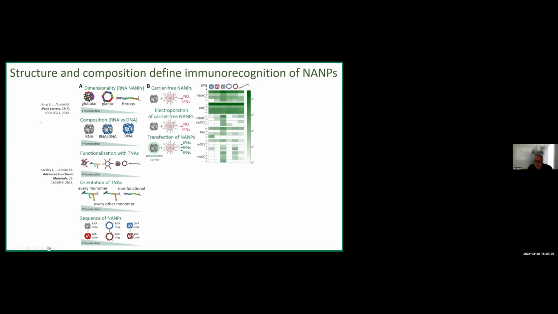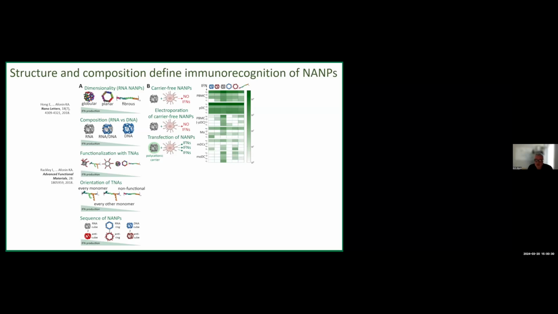We also identified that without carrier, nucleic acid nanoparticles are completely immunoquiescent. Because of their size, they cannot enter the cells. And this makes them perfect candidates for various biomedical applications that require extracellular use of the material. For example, we can build some monoclonal antibody mimics using nucleic acid nanoparticles.